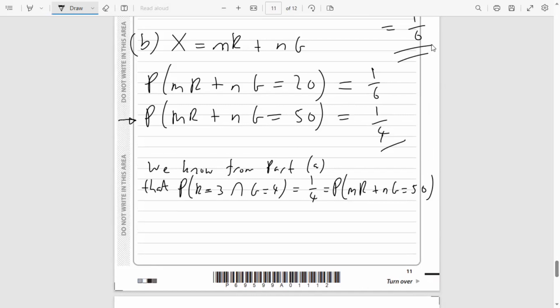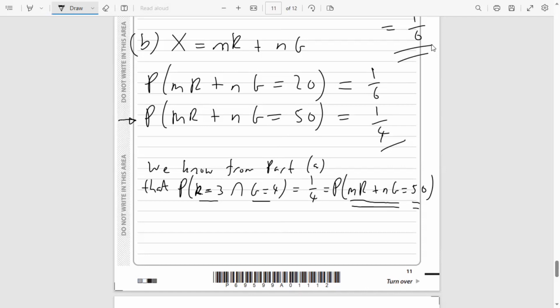So what does that tell us? It tells us that when MR plus NG is equal to 50, R must be 3 and G must be 4, because we know from part A that the probability that the red spinner gives us 3 and the green spinner gives us 4 is 1/4. Because that's exactly the same as this new random variable being equal to 50, it means that R is 3 and G is 4 in this case here.